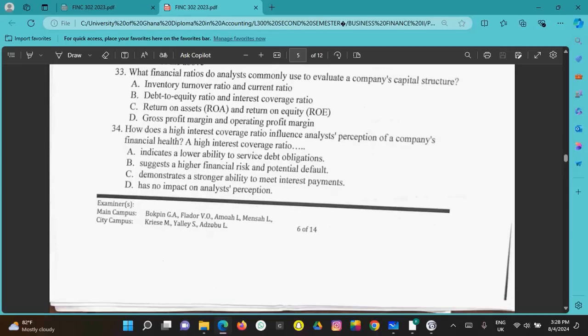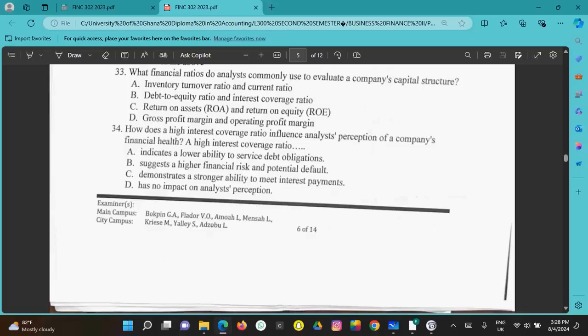How does a high interest coverage ratio influence analyst perception of a company's financial health?